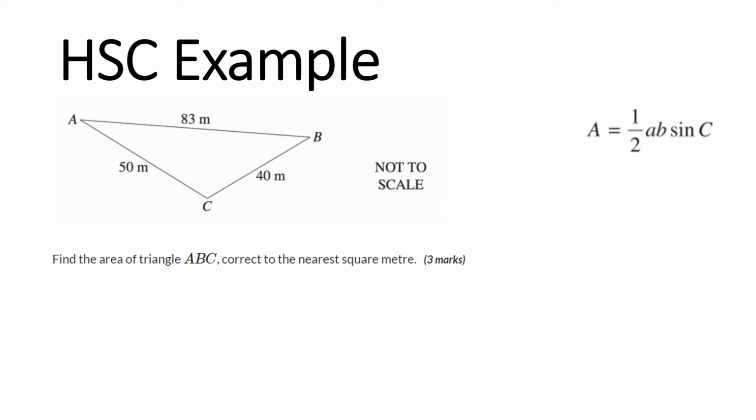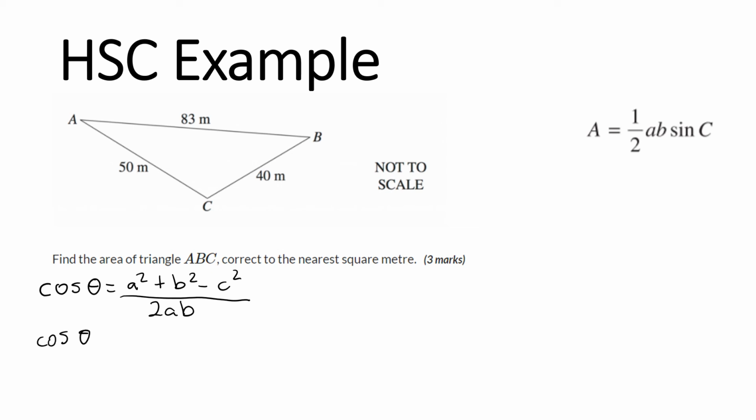And we know that to find an angle when we've been given all three sides, we use the cosine rule. So we're going to have cos theta equals A squared plus B squared minus C squared all over 2AB.